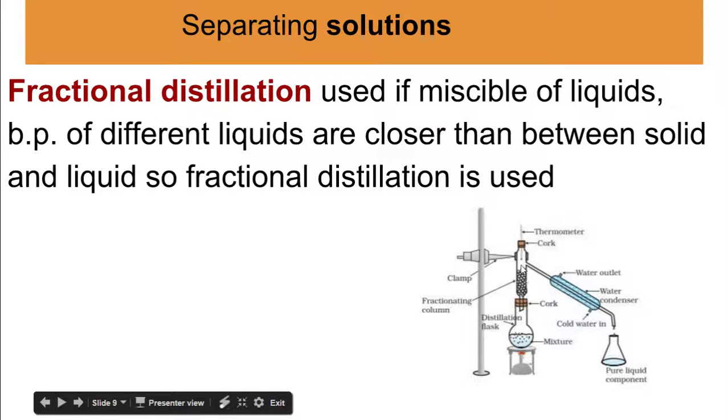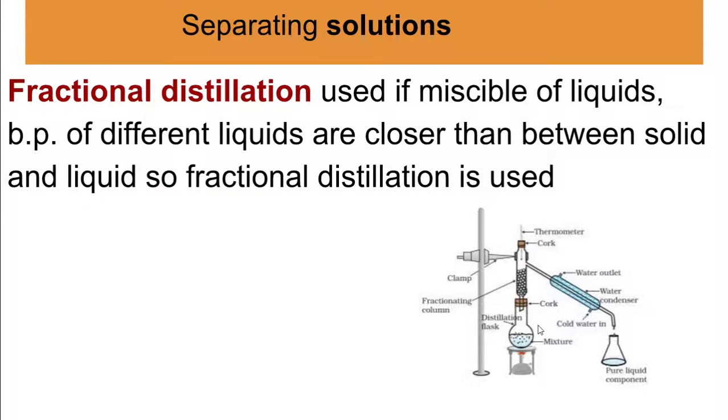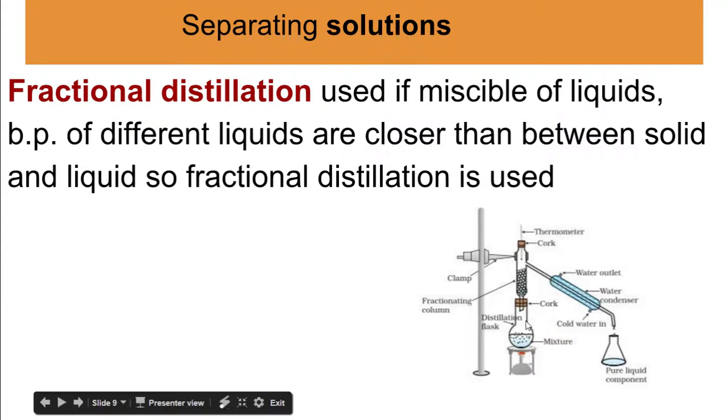And when the first one is gathered, the temperature goes up until it gets to the second ingredient's boiling point, and it starts boiling again, and we have the gas coming, condensing, and gathering the other one. This is fractional distillation.